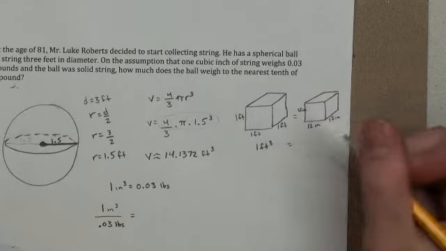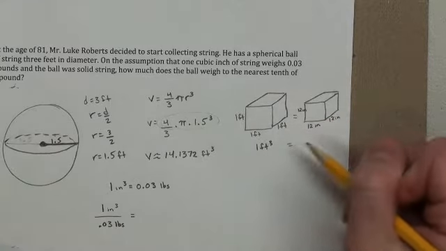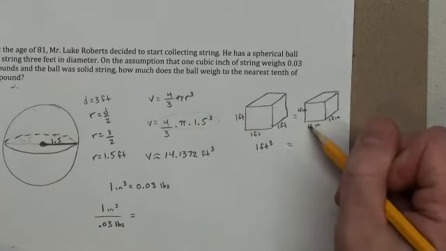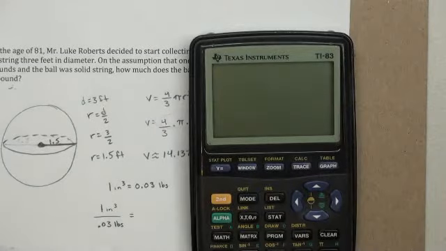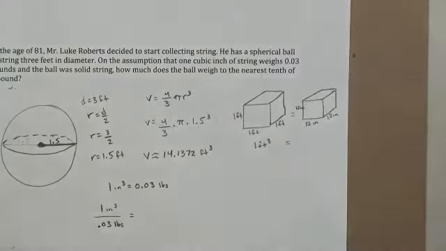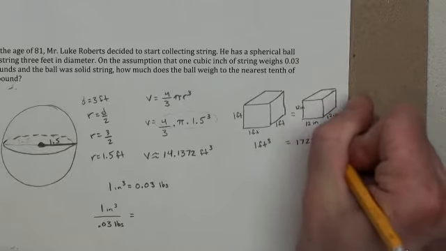So 1 foot cubed is equal to 12 times 12 times 12 inches cubed. So 12 times 12 times 12 is 1,728 inches cubed.